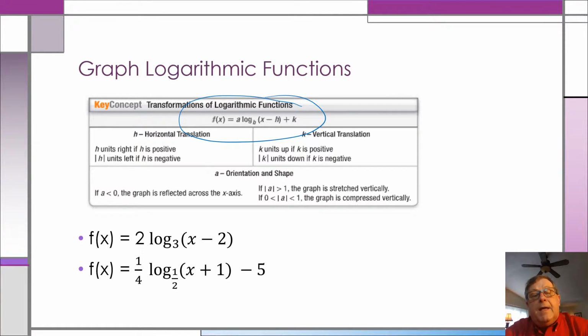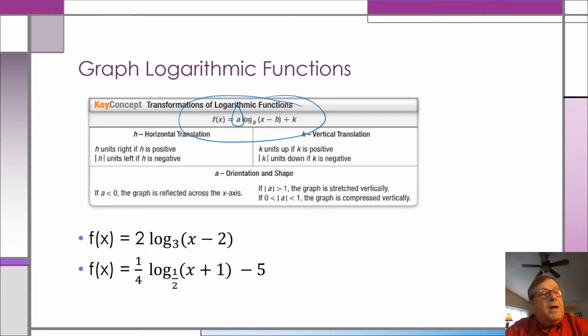Well, let's start with the a. The a is the coefficient out in front of the log. And if a is less than 0, it's going to reflect that graph across the x-axis. So we'll see a reflection if a is less than 0.